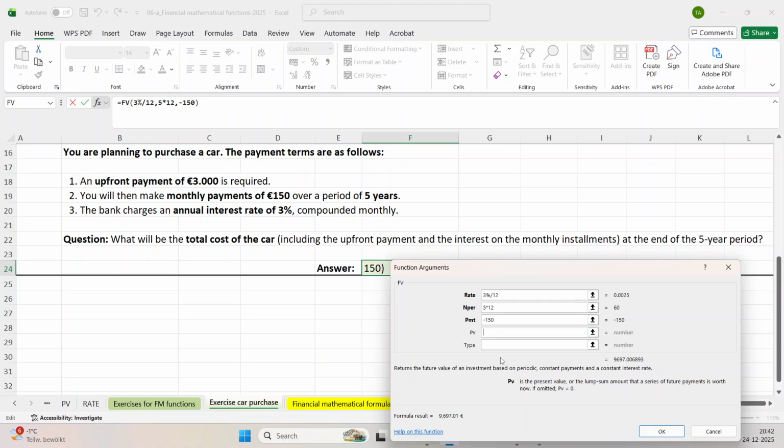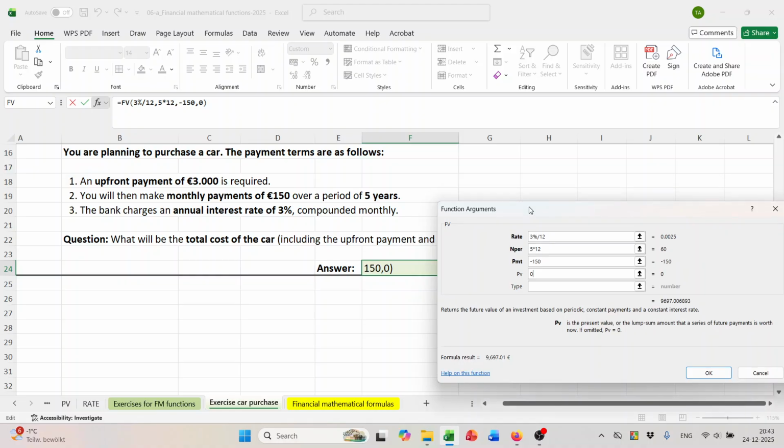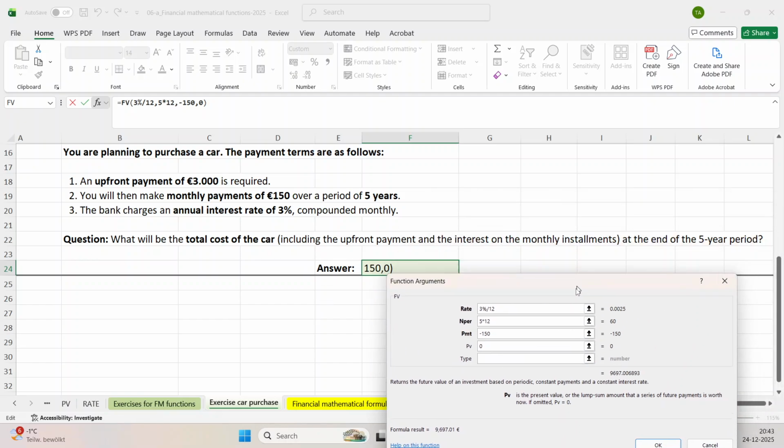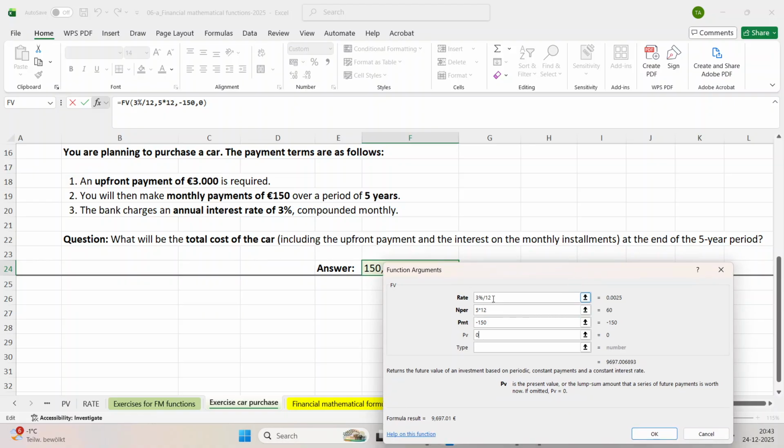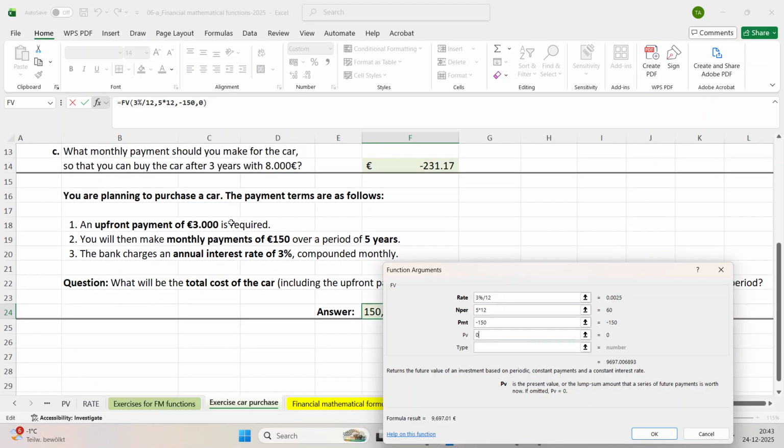Our present value: there is no present value. Here you should remember the upfront value is not the present value. It is a first one-time payment which we will add later, because if we give the present value as 3,000 euro, then the interest rate will also be applied to that 3,000 euro, but we are giving this 3,000 euro at the beginning.